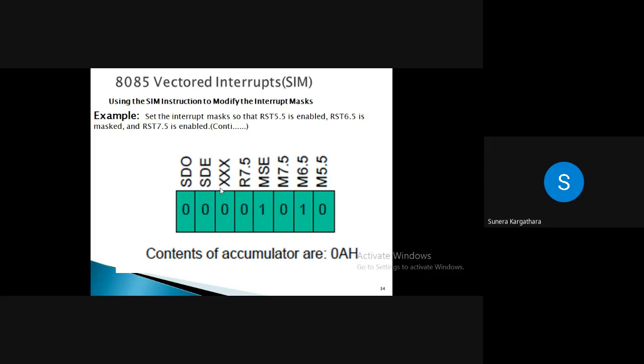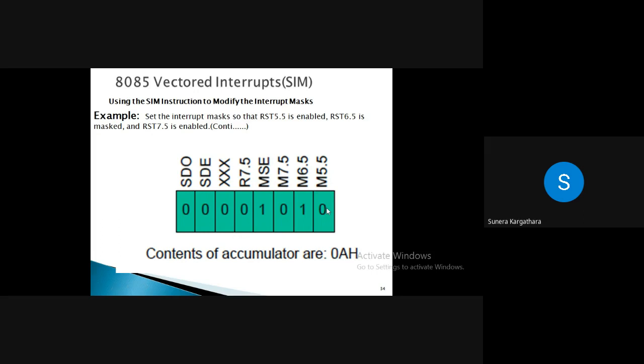Now you are keeping MSE 1, so you can configure the last 3 bits: 5.5 is available, 6.5 is masked and 7.5 is again available. If you load this pattern into the accumulator, your processor will understand that there is an availability of 2 interrupts, ultimately 3 interrupts, because this is also 0, this is also 0, this is also 0. Right?